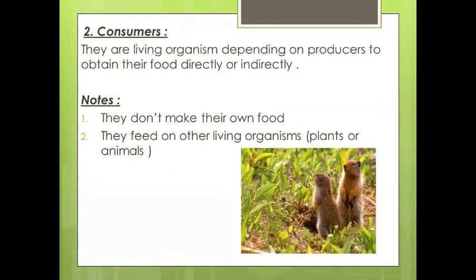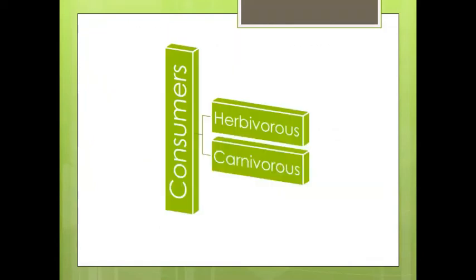Consumers are living organisms depending on producers to obtain their food, directly or indirectly, which means they don't make their own food, they feed on other living organisms like plants or animals. We can classify the consumers into two types, herbivorous and carnivorous.